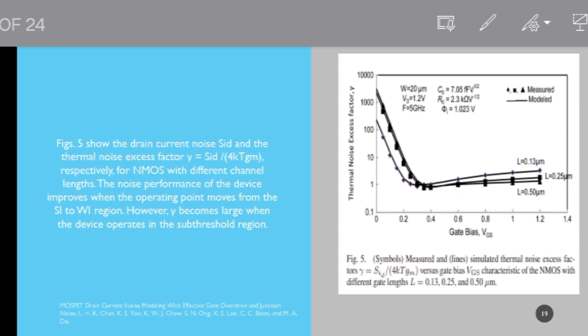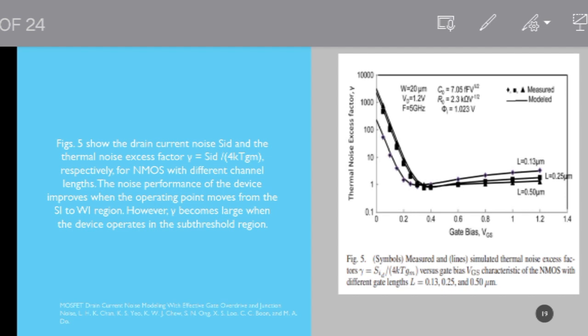Finally, in this figure, the graph has been plotted for the measured and simulated thermal noise factor versus the gate bias voltage characteristics of NMOS with different lengths of 0.13, 0.25 and 0.5 micrometer, and this graph shows the drain current noise and the thermal noise excess factor for NMOS with the different lengths.